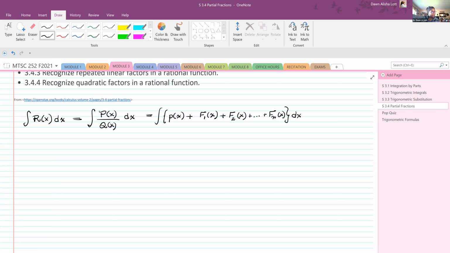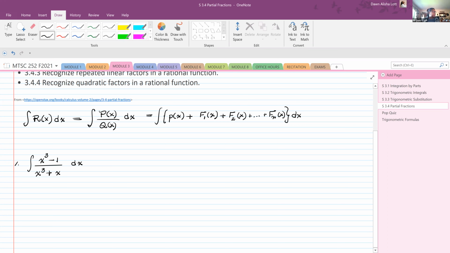Okay, so let's do the first problem, because the first couple problems we're going to do using simple division. So if I have the integral of x cubed minus 1 divided by x cubed plus x dx.